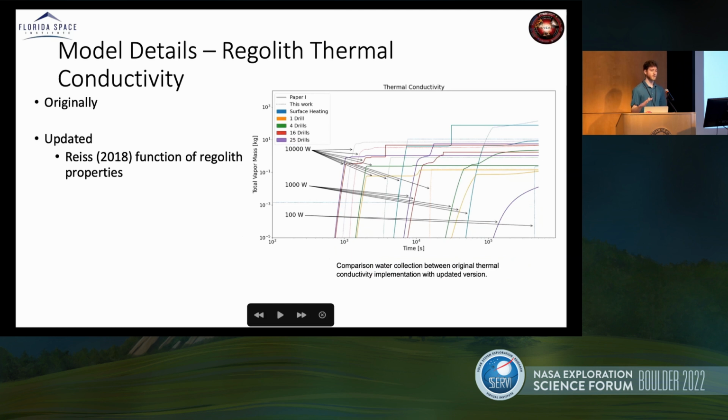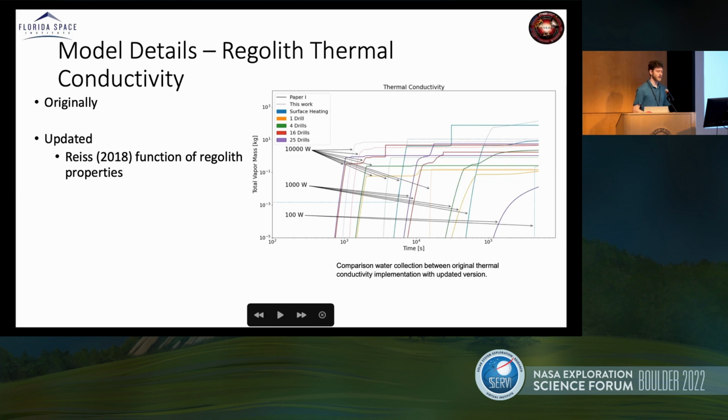And within the regolith, it looks at 4 key components: the grain-to-grain interactions of the regolith, the gas between the grains, the gas interacting with the grains, and any radiative emissive properties that the grains may have.